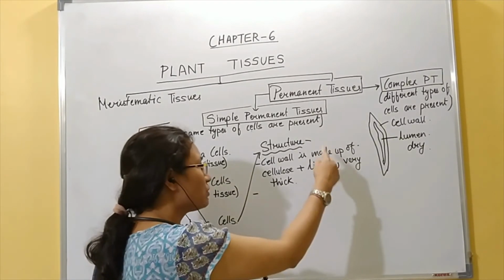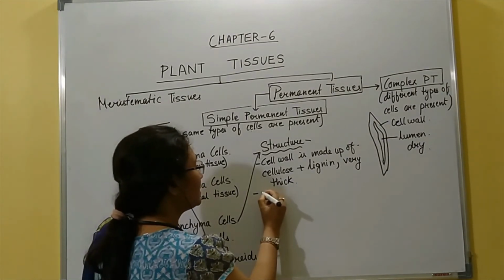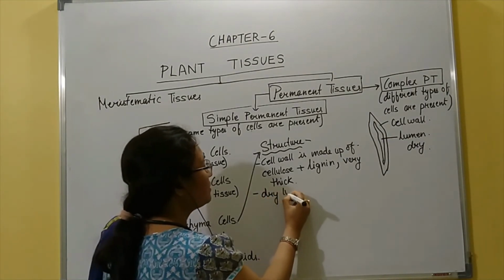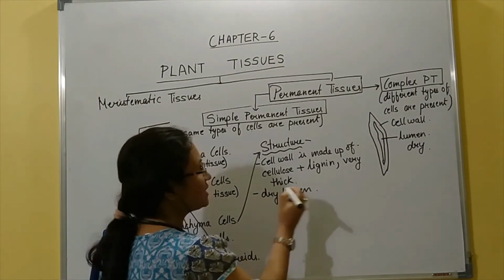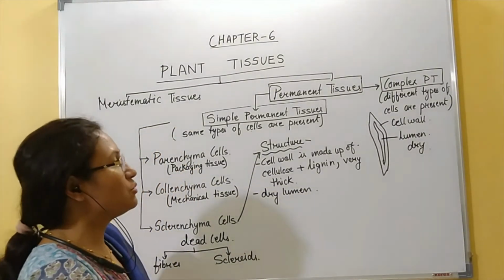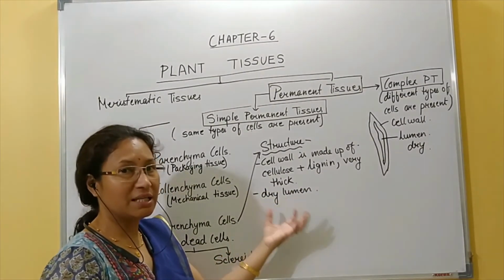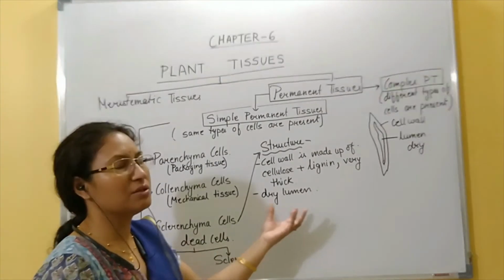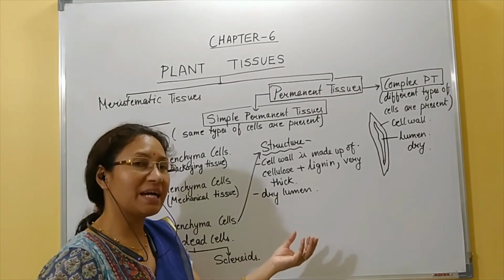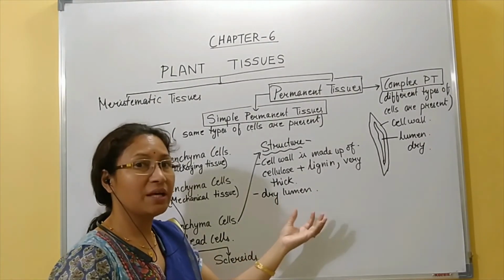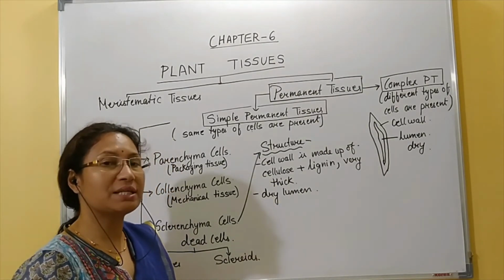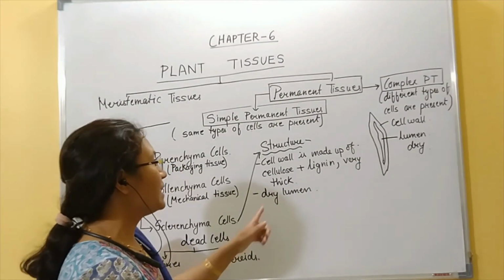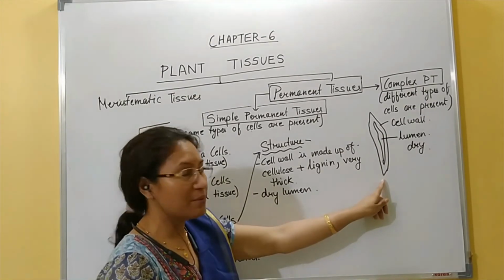Because of the dry lumen, the cell has died. In the initial stage, when it has just divided and formed the sclerenchyma, it may have been alive, but later on when it matures, it surely dies. And this is how fiber cells look like.